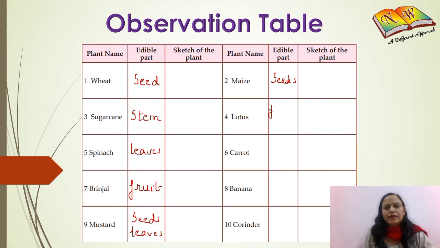Lotus, the flower, the stem and the seeds. All the three parts are edible. For carrot, it is the root that is edible. For banana, it is again the fruit that is edible. And for coriander, it is the seeds as well as the leaves that are edible.